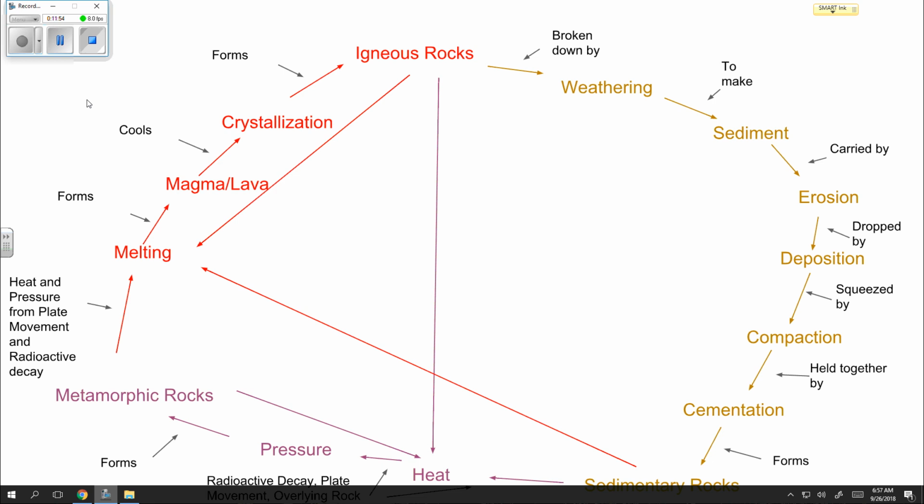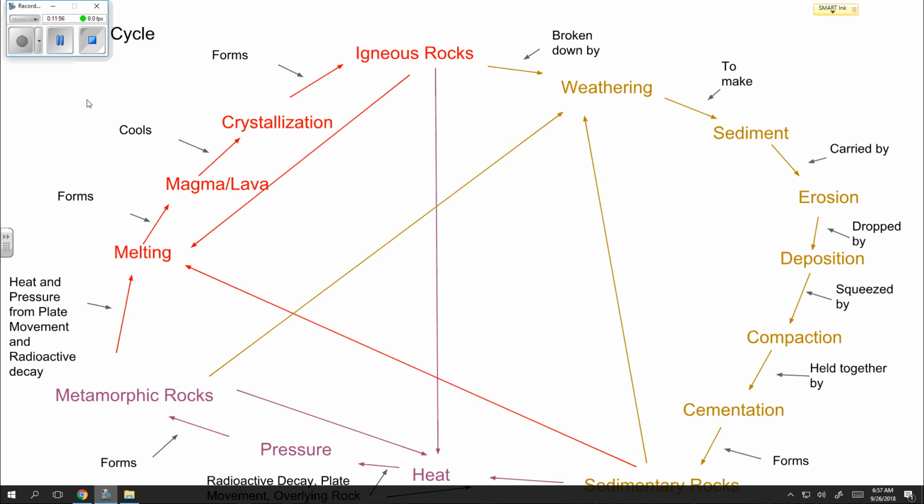The final set that we look at here will take us from sedimentary rocks that are weathered and go through the processes that then form sedimentary rocks, and metamorphic rocks now that are going to the weathering process and going through those processes that then form sedimentary rocks again.